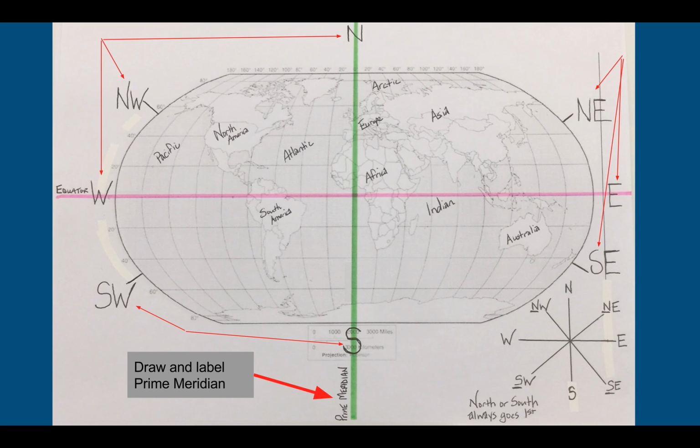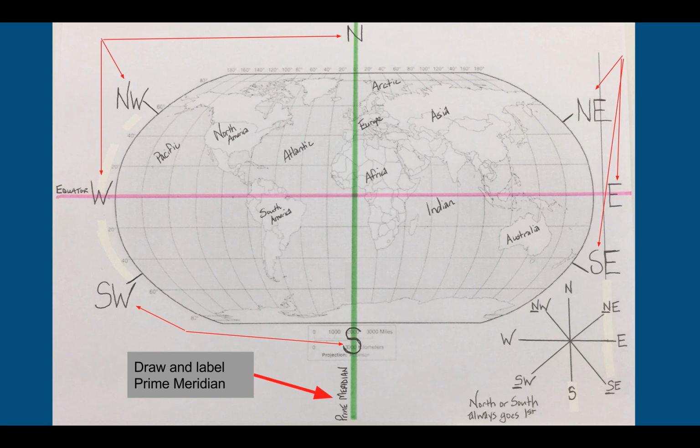Now the second step that I want you to do with your map, if you notice, there are several different smaller red arrows. What we're going to do is turn our entire map into one giant compass rose like we did on the bottom right hand corner.